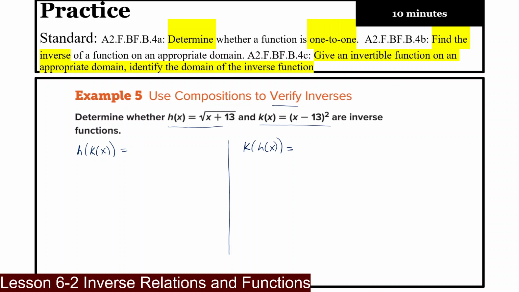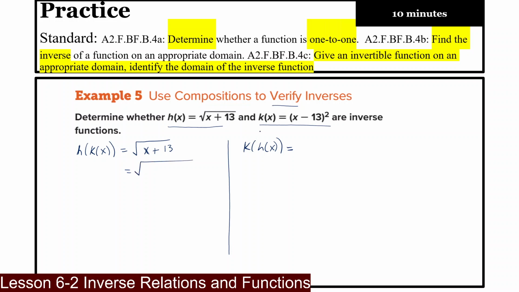Alright, so what is h of x? H is outside, so I'm going to write my h of x first. I'm going to say square root of x plus 13. And now I need to replace the x in the h of k of x with k of x. So I'm going to put my square root sign.